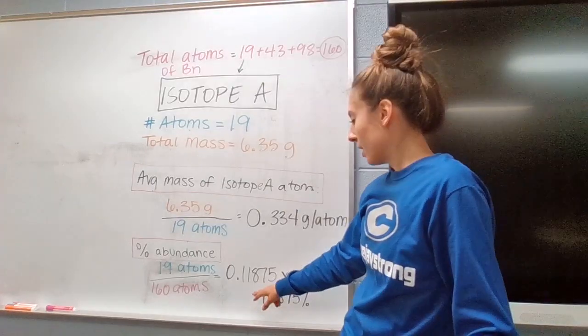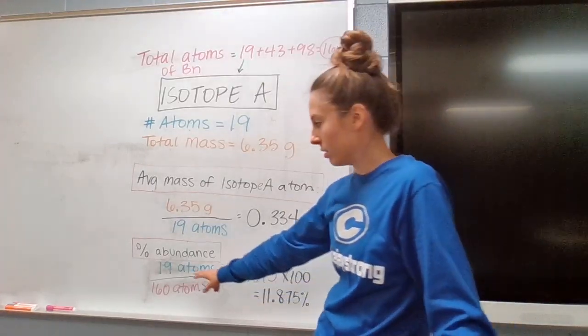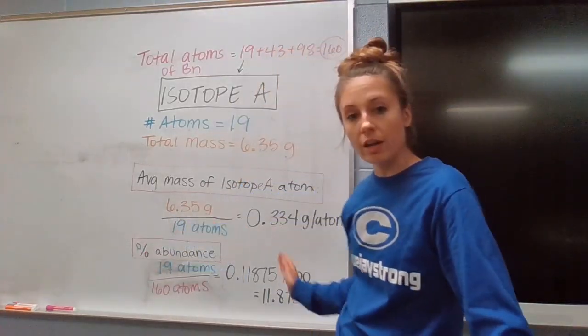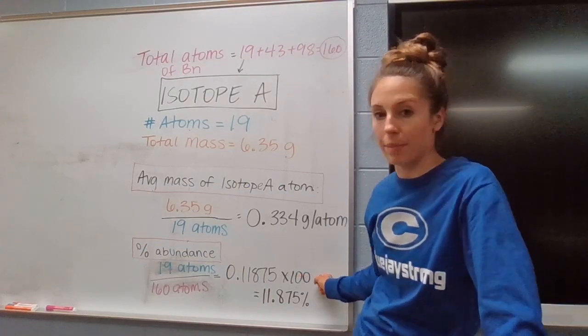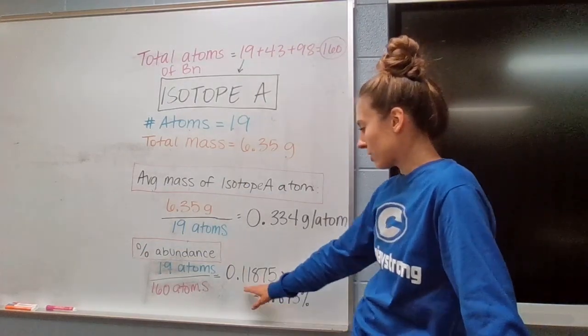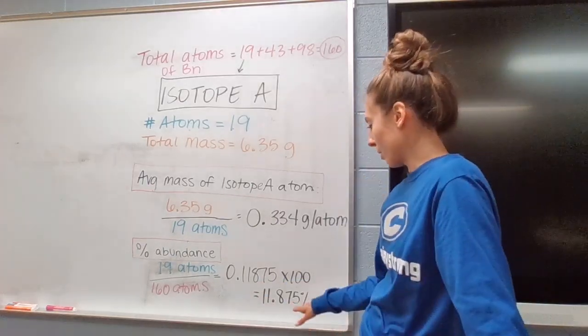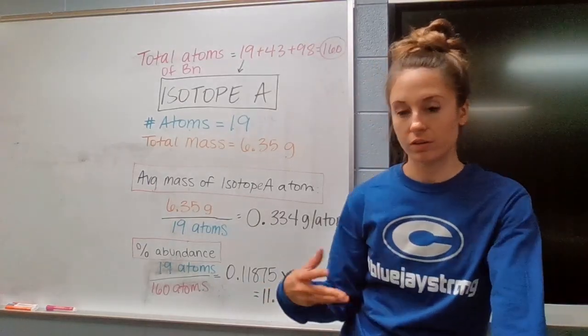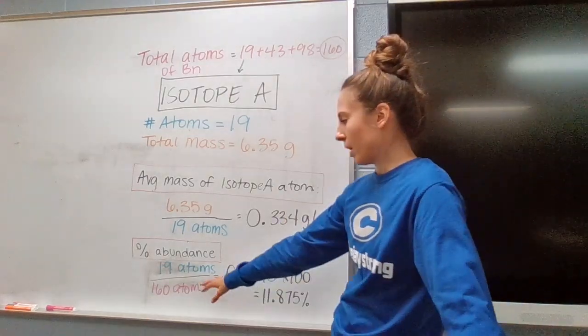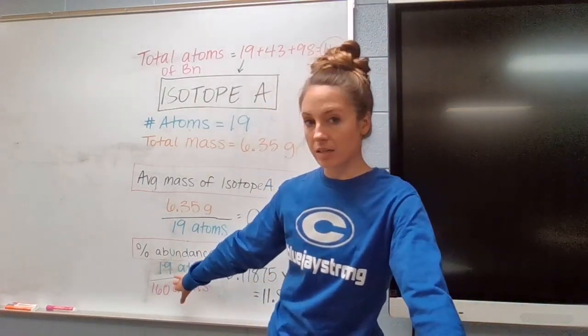0.11875. Now this is a decimal, not a percentage. So to turn it into a percentage, you just multiply it by 100. And we are actually going to keep all of the decimal points for our percentage, as many as your calculator will provide, because these are both exact numbers.